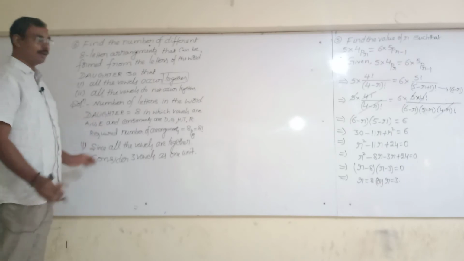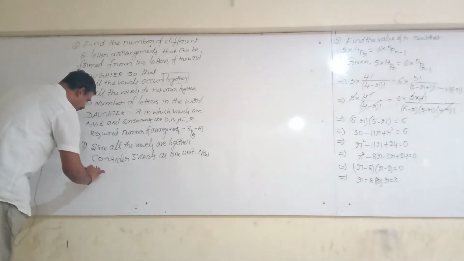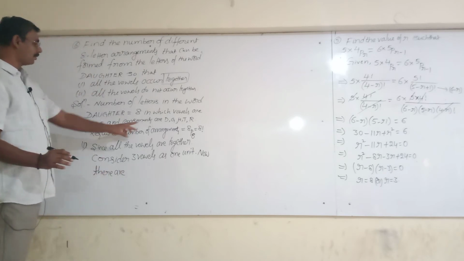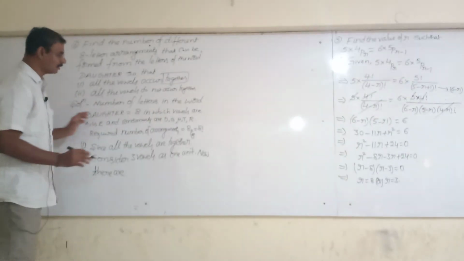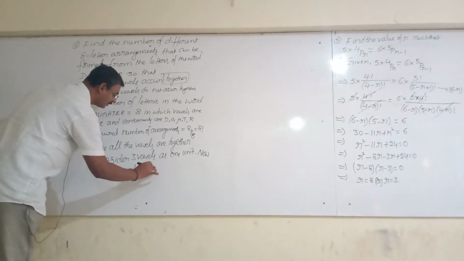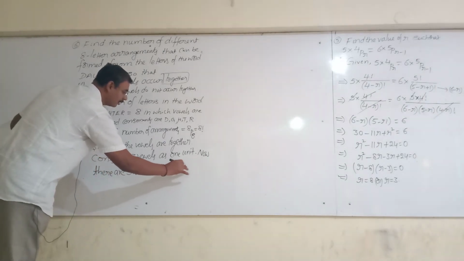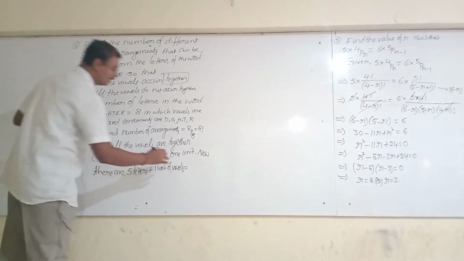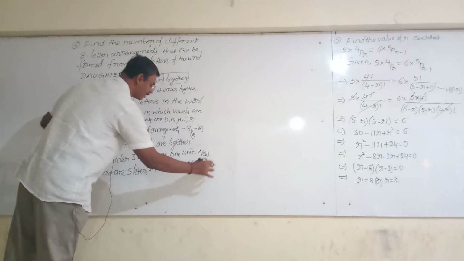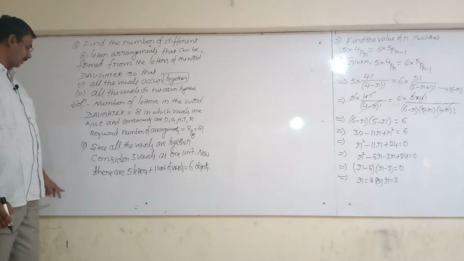Now how many objects are there? 5 consonants plus 1 unit of vowels. Total is 5 plus 1, that is 6 different objects.